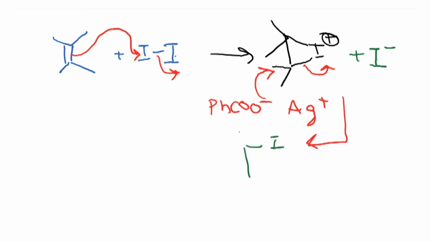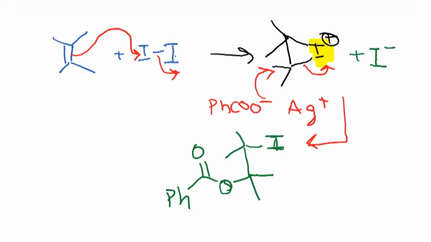So this is I, methyl, methyl, O C double bond O Ph, and then there is methyl and methyl. Just to be clear, this iodine was the cyclic iodonium ion, and it is I plus, and it becomes a neutral iodine. And here is the new bond that is formed between carbon and oxygen.